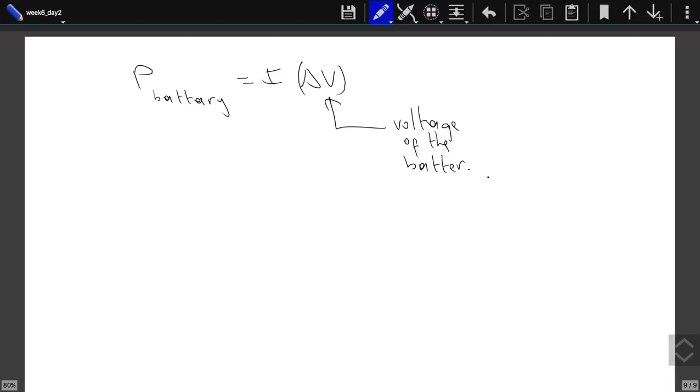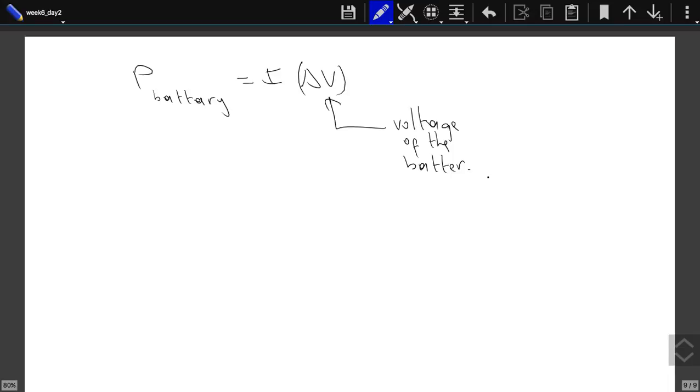Okay, any questions on these ones? What is decreasing when you use the battery? The chemicals.